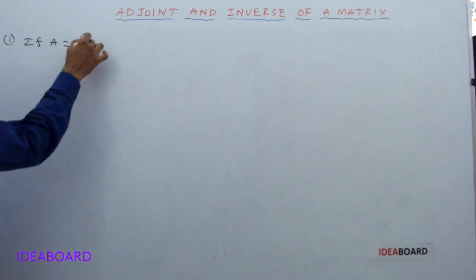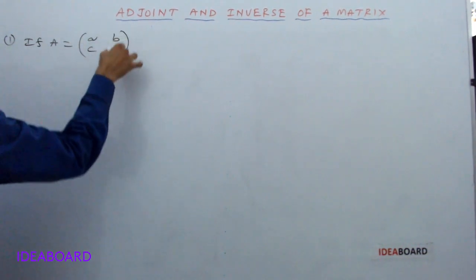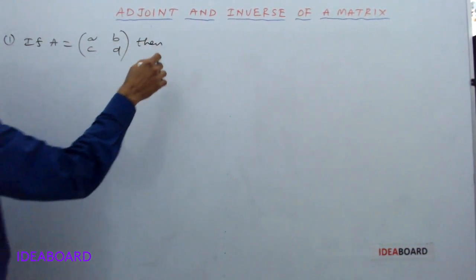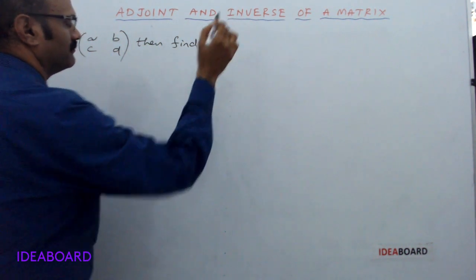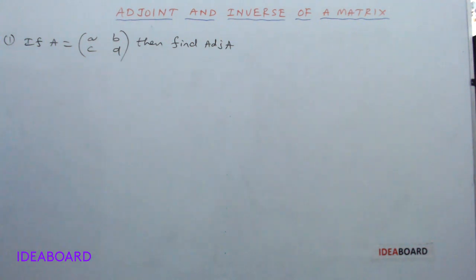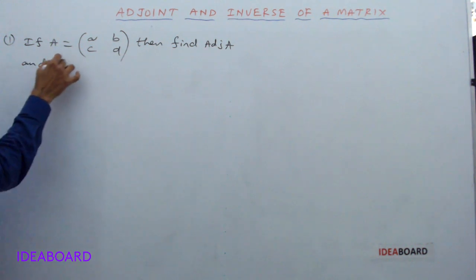If A equal to the matrix A, B, C, D, then find adjoint of A. We know how to find adjoint of A and A inverse.